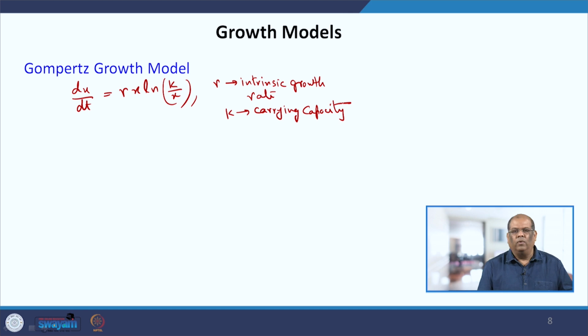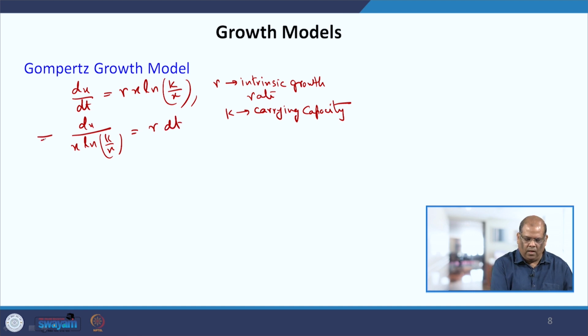Now, again we find the solution of this growth model. This can be written as dx by x ln(k by x) equal to r dt, separation of variables.